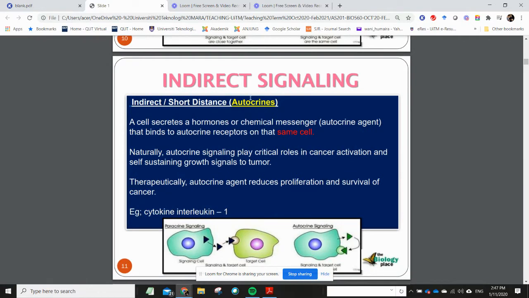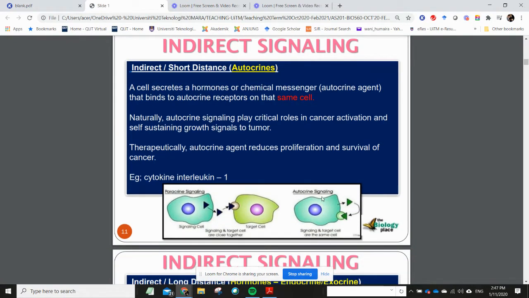Next, autocrine, short distance, the same cells. Okay, so just now I asked you to predict whether autocrine signaling is direct or indirect. It is actually indirect short distance communication. Okay, why is it under indirect?